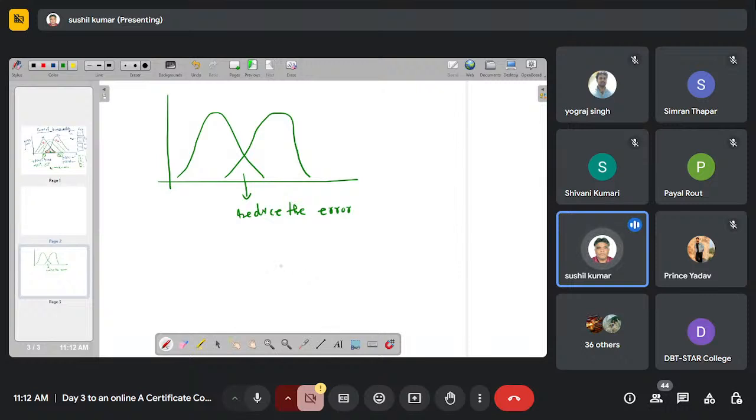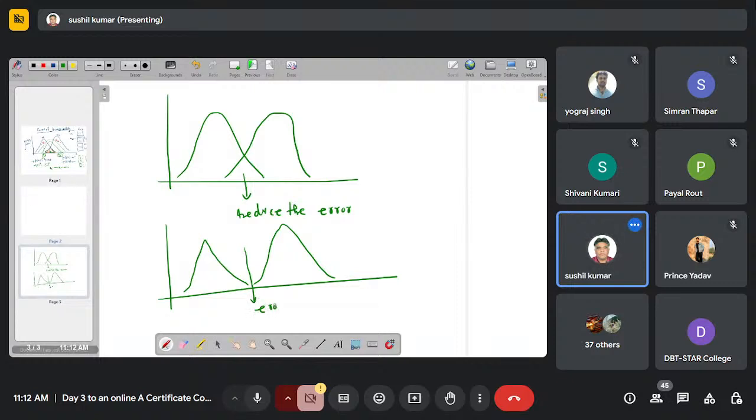And how will it reduce? It is very easy to reduce if there is no overlap. Suppose you have a separation here and a separation there, there are no overlapping values, then you can say there is no error, and you can predict very easily.